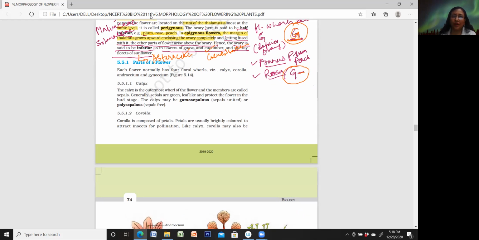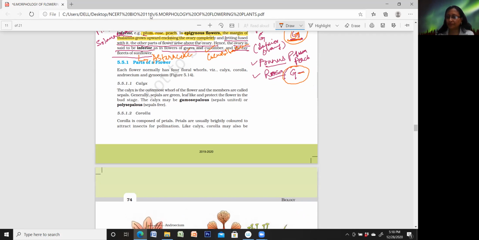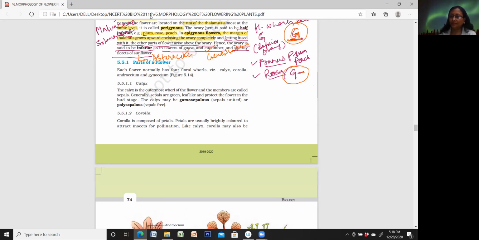Okay. So parts of a flower. So we have finished till here, and we are moving to the parts of the flower, that is basically calyx, corolla, etc.